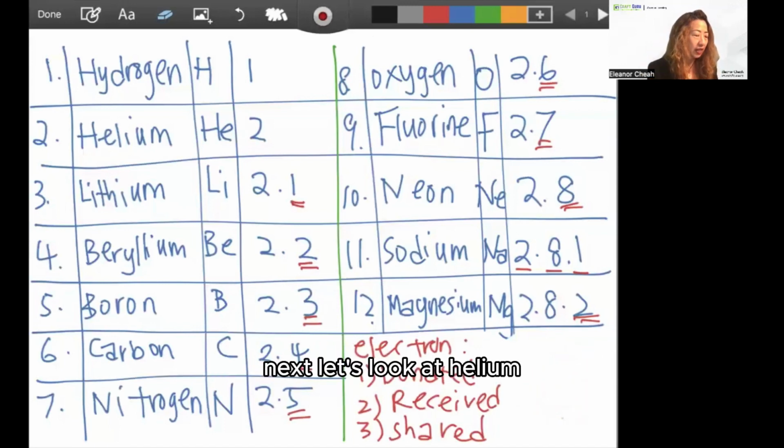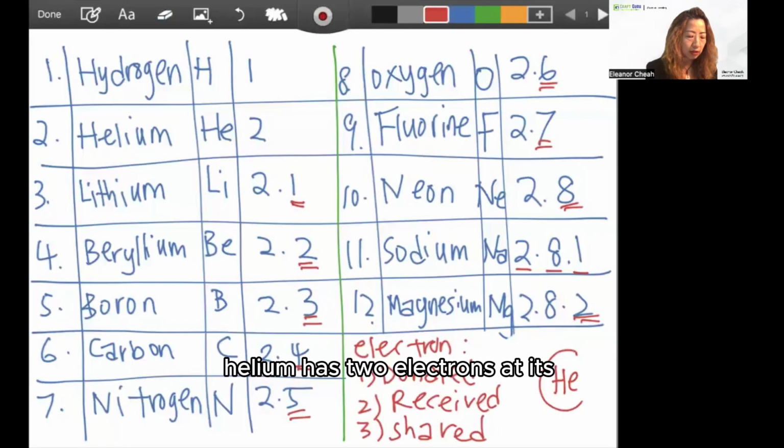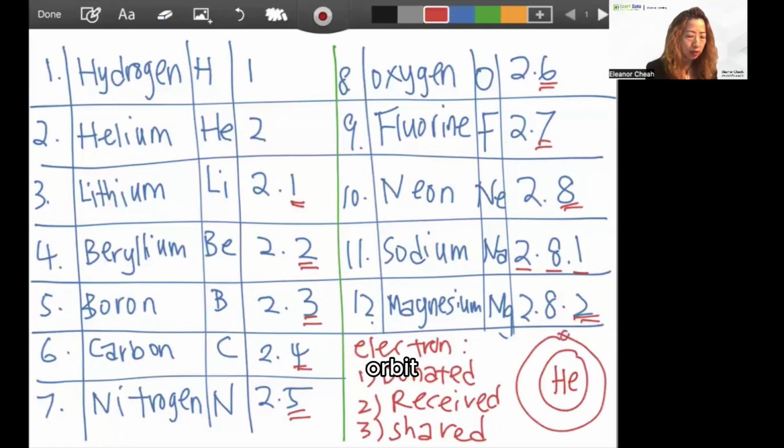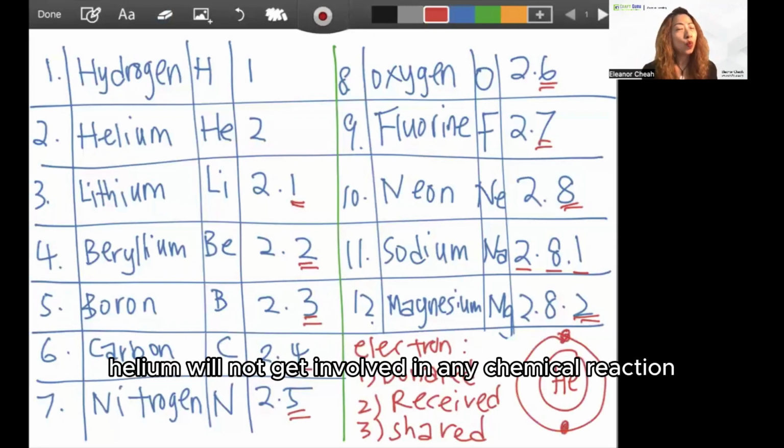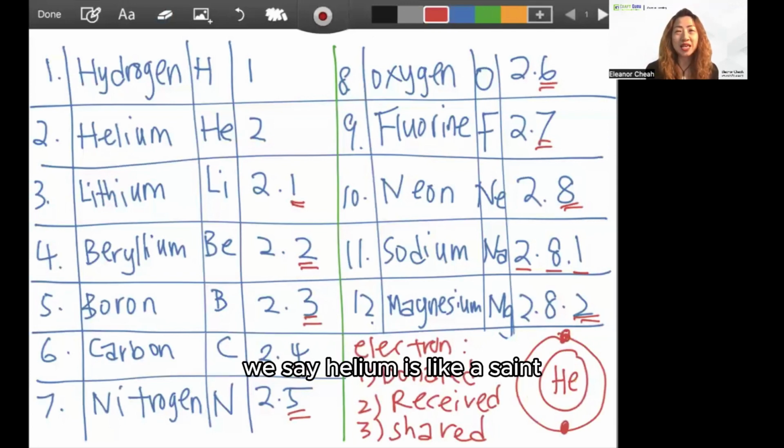Next, let's look at helium. Helium has 2 electrons in its orbit, 1, 2. It is stable. Therefore, helium will not get involved in any chemical reaction. So we say helium is like a saint.